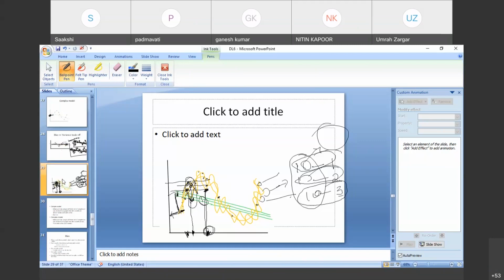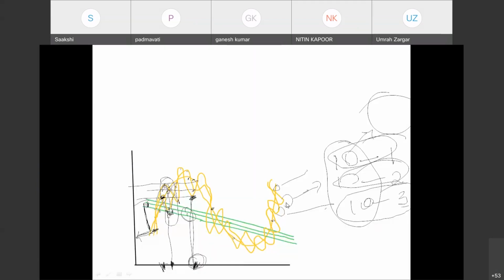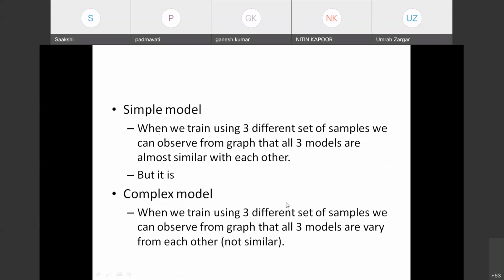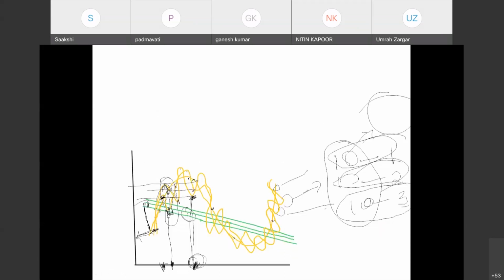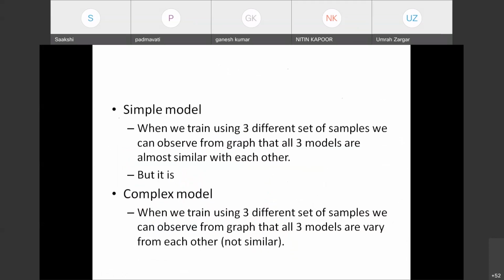Now let us go ahead. I do have a few more slides to discuss. So whatever discussion we have done in the previous slides with respect to the simple model, what are we trying to do? And with respect to the complex model, what are we trying to do?